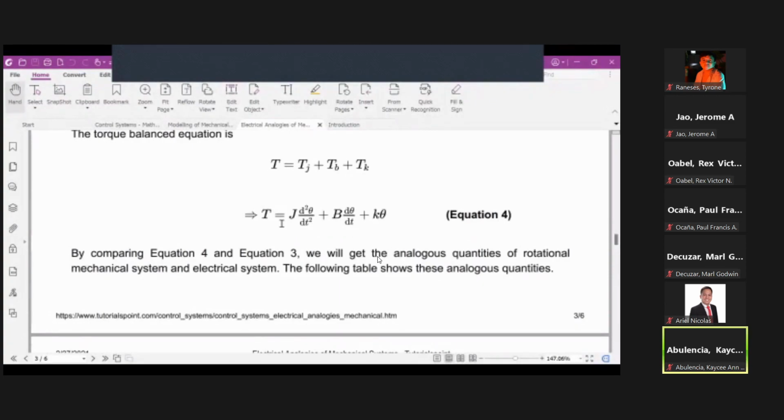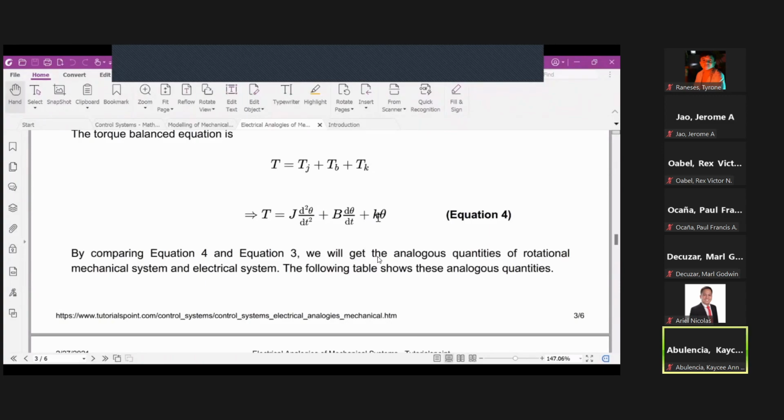TJ is J times the angular acceleration, d squared theta over dt squared, plus the opposing torque of your damper, B, the coefficient of friction, times your velocity, d theta over dt, plus the spring coefficient K times your angular displacement theta.